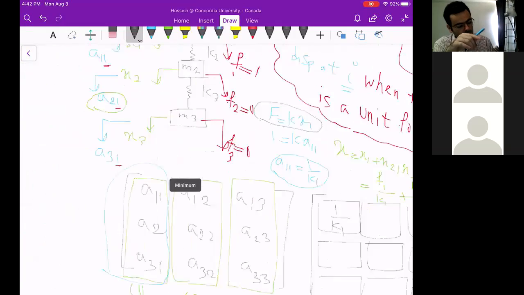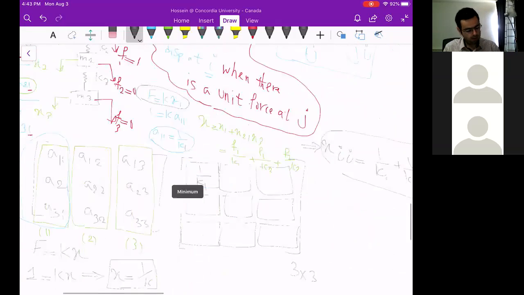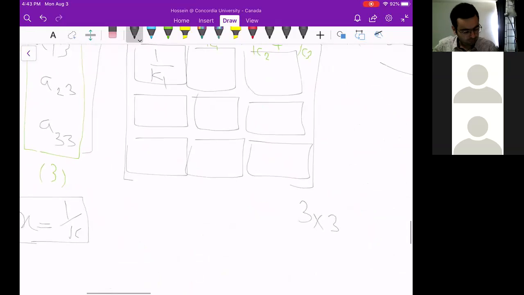Since there is no constraint at the end of the mass tree, as soon as you apply unit force, not only the first mass will displace downward as 1 over K1, the mass 2 and mass 3 will also displace as 1 over K1 because there is no constraint at the end. So you could easily say the displacement at mass 2 is also 1 over K1 and 1 over K1. It's just very simple.